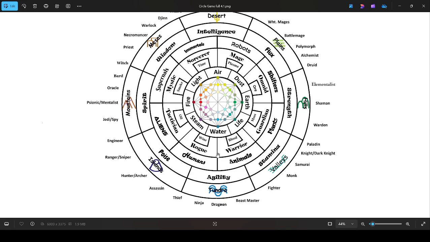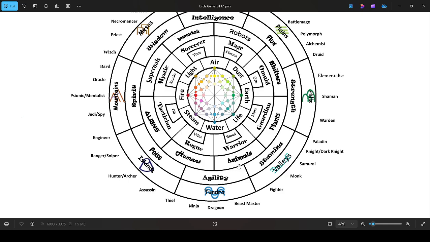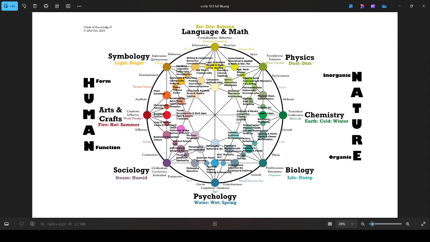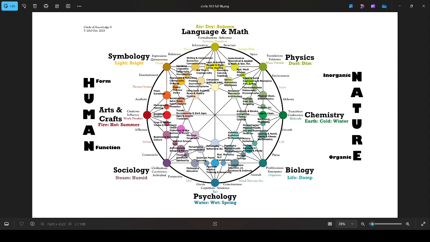Or a different 8th, if you want to think about it that way. So water would be this slice, but warrior would be this slice. If you think about it in terms of the original circle, water is the psychology slice, but warrior is the neuroscience slice.